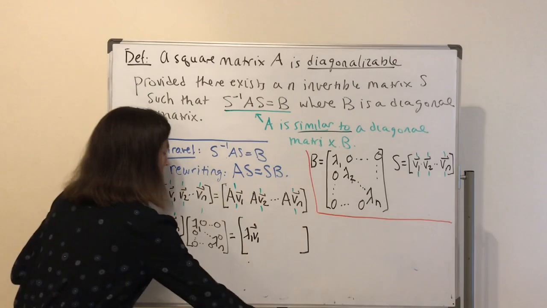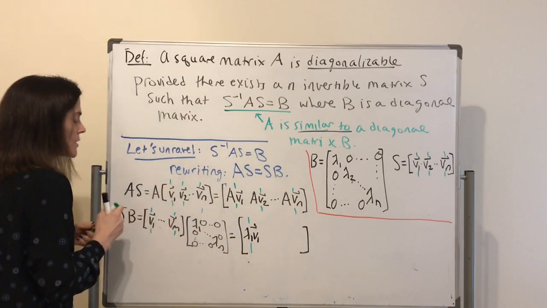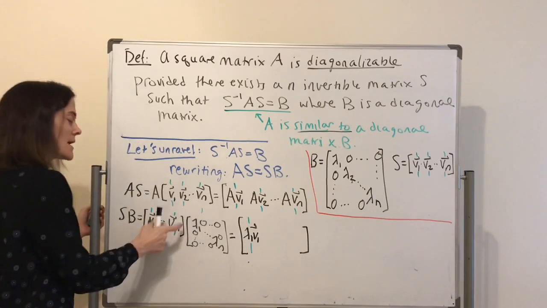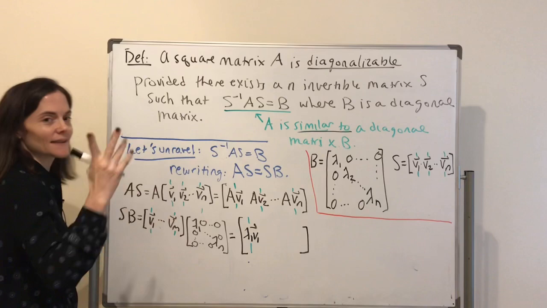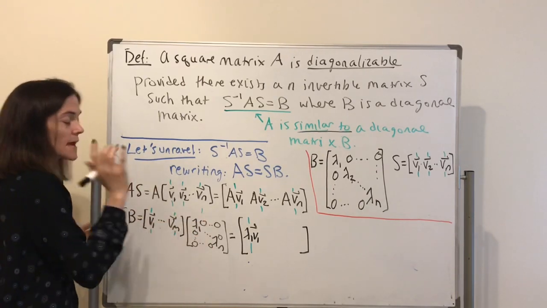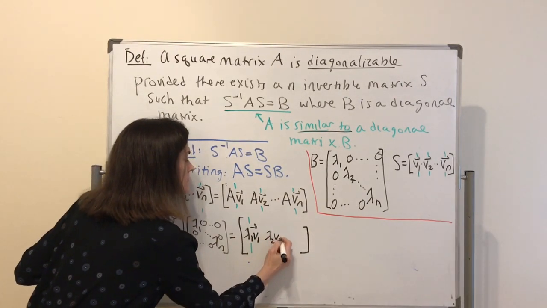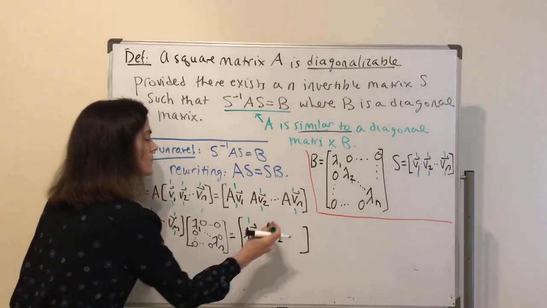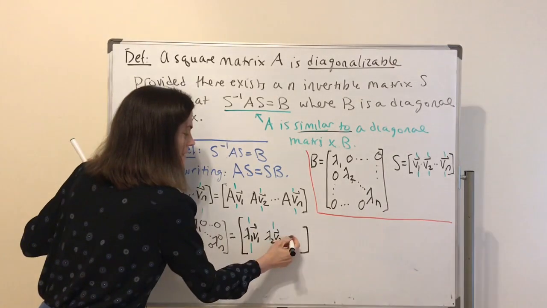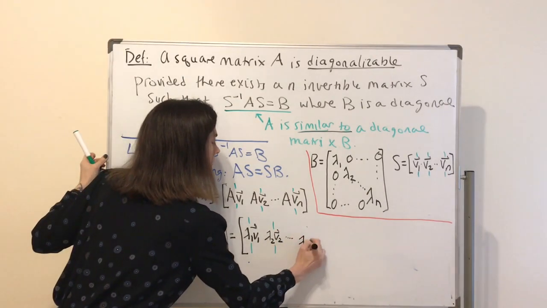Similarly, the next column would be this matrix times the second column, a linear combination of these columns, and we'd get lambda 2 V2, and then zeros times the other columns. So this is lambda 2 V2. And finally, the very last column would be lambda n Vn.